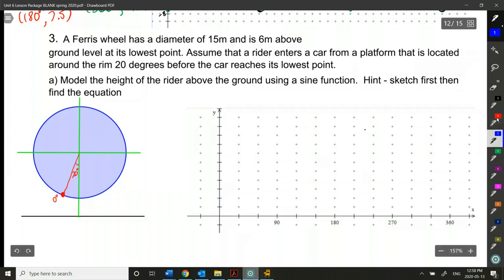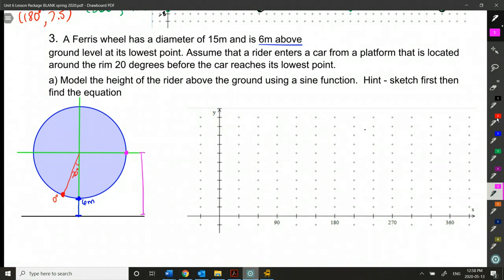I'm also going to mark off how high my person would be at these important points. So how high is the minimum off the ground? This tells us that this is 6 meters above the ground. At our next location, how high are we above the ground? Well, if I'm 6 meters from here to here and I have a diameter of 15, that means this must be 7.5, a radius of 7.5, which means this is 13.5 meters off the ground.